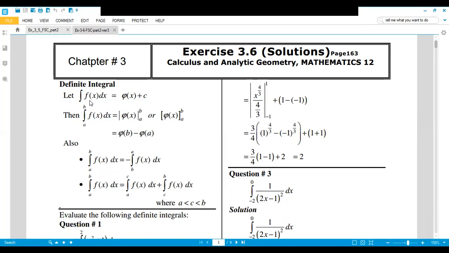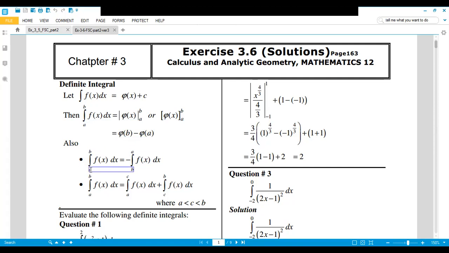So when you integrate, this value you write it like here in absolute, and the upper limit b and lower limit a. So first you put the upper limit in place of the variable minus lower limit in place of the variable, and you solve it.